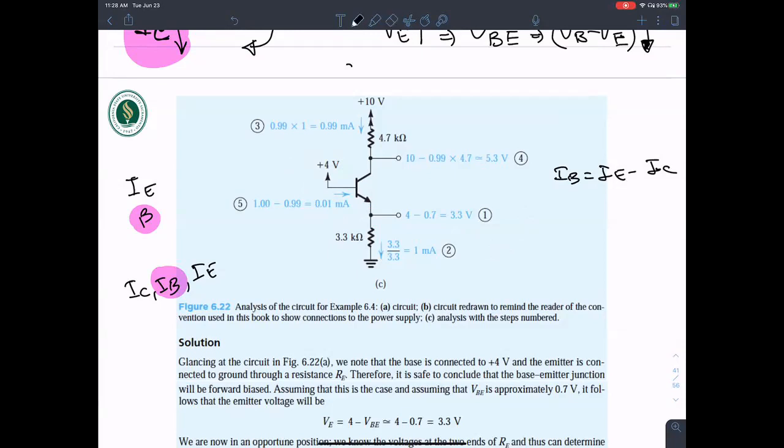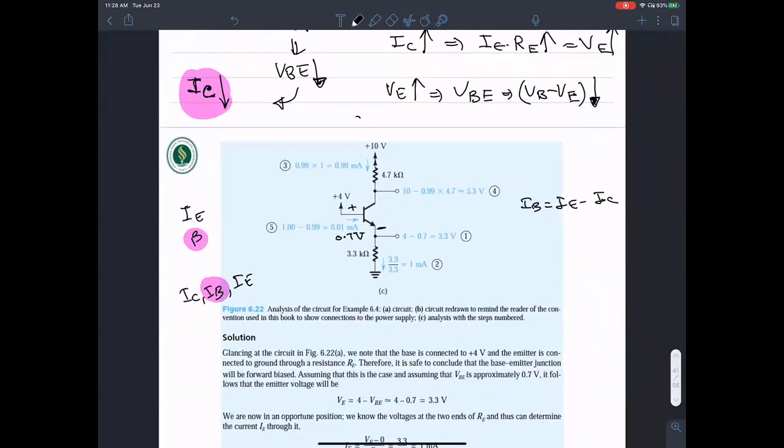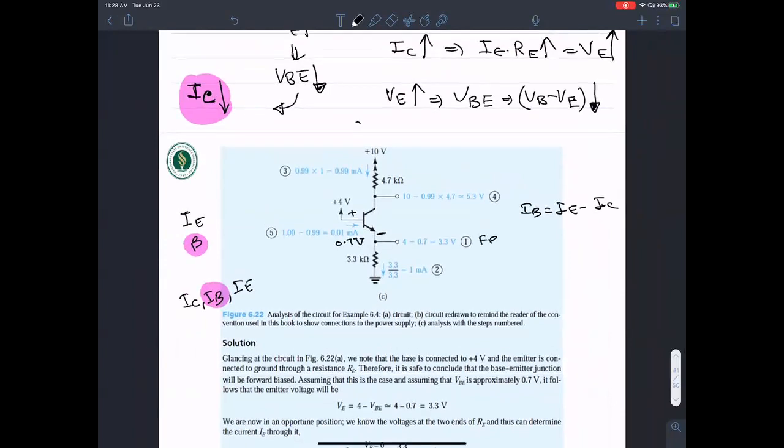The key observation is that this is 0.7 volts because it's a forward bias diode. So step number one is the forward bias diode. Step number two is Ohm's law. Step number three is the relationship between alpha, IB and IC, so this is the application of alpha.